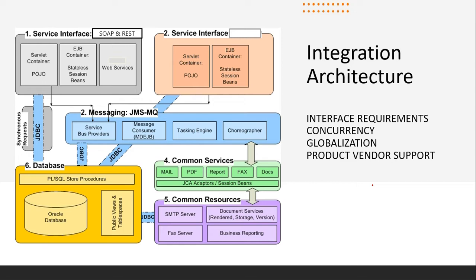Now let's move on. In this diagram, what I am trying to show you is SOAP and REST, which are interfacing with the other systems in the common services, common resources. So all the integration points are what you can see in this particular diagram. This is talking about the service interfaces, where SOAP and REST are the most usable these days.